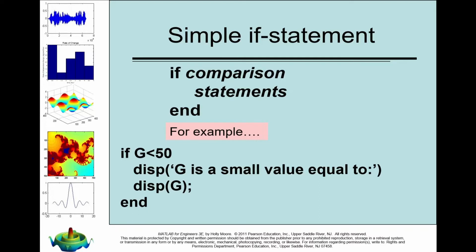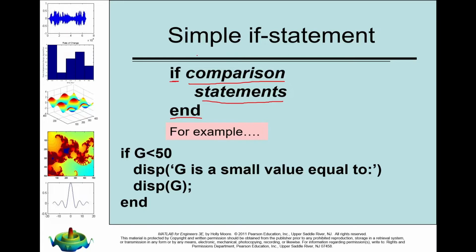So first, I'm going to introduce you to the simple if statement. A simple if statement has the following form: if, followed by the comparison, statements, and then end with the word end.